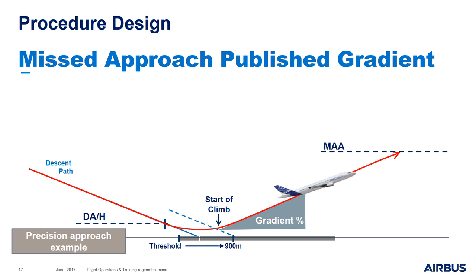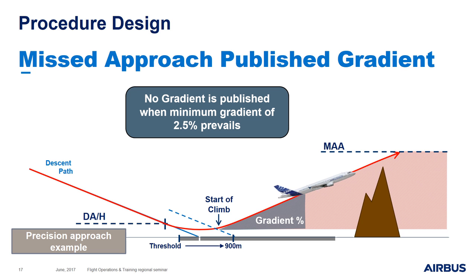So to design the missed approach procedure, airport authorities determine a plan in order to meet ATC constraints, non-overfly for some areas, traffic management constraints, for instance, or of course in order to clear obstacles. So the aircraft shall not break through this plan.